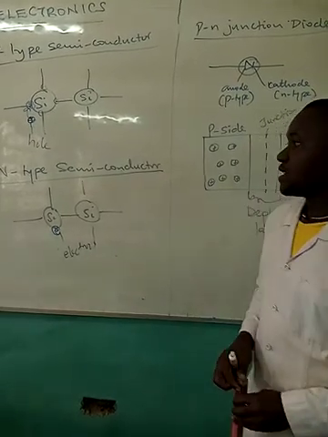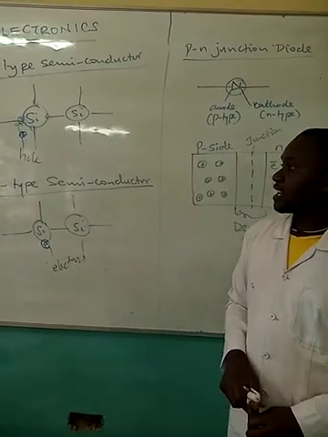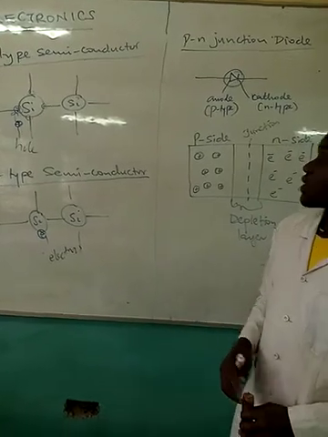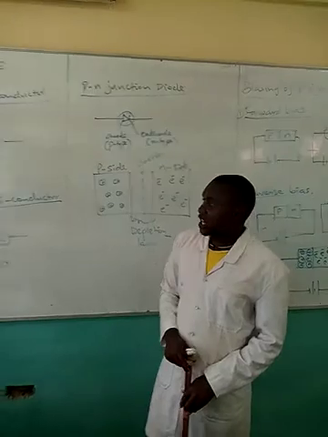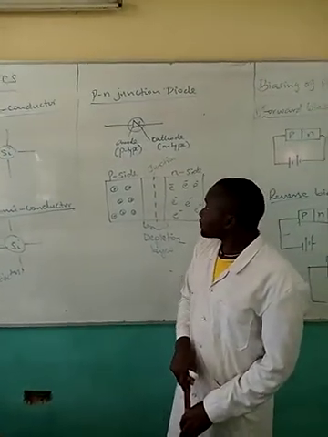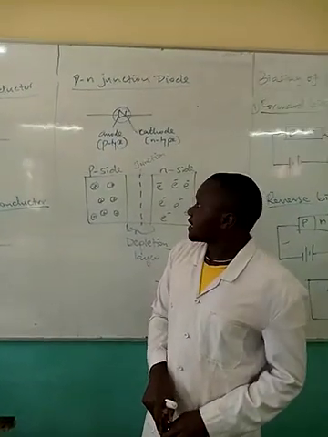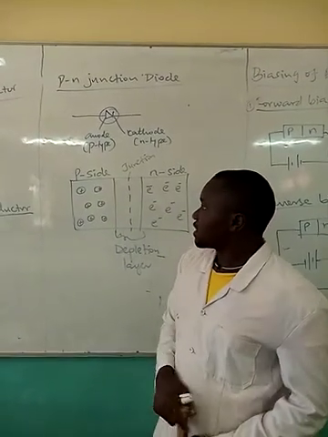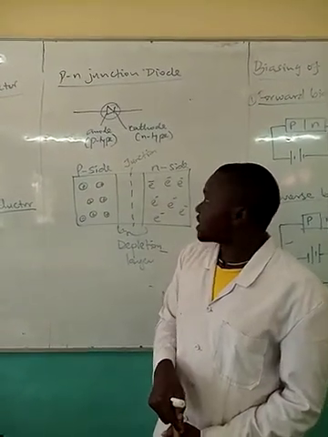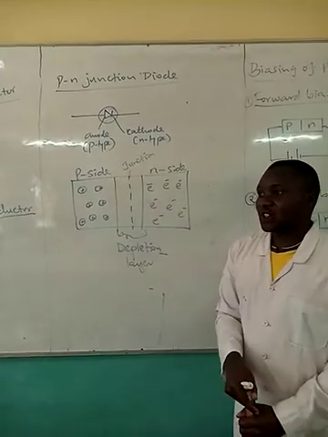Now when the P-type and the N-type semiconductors are connected together, they form a device that we call a p-n junction. In a p-n junction, we have the P side and we have the N side. The P side contains holes while the N side contains electrons.